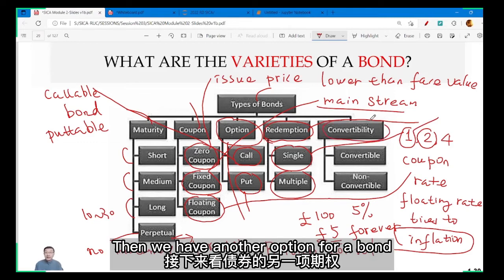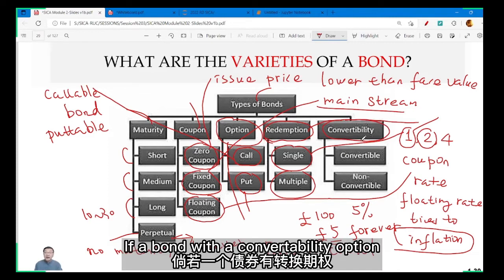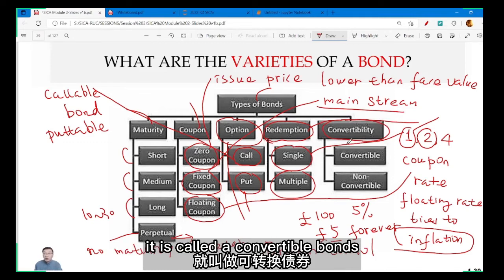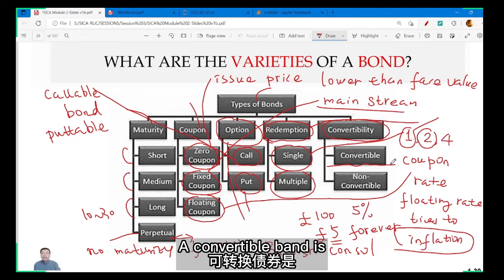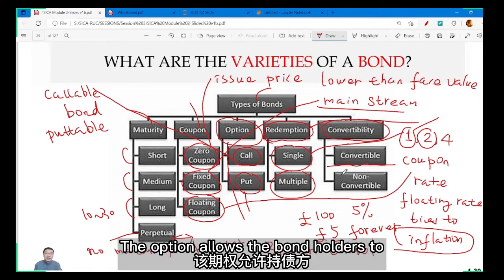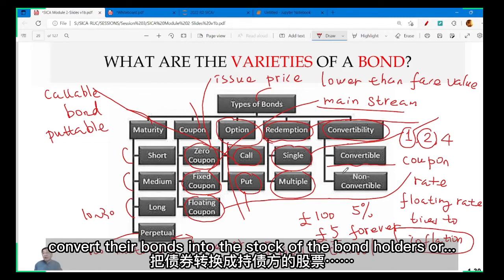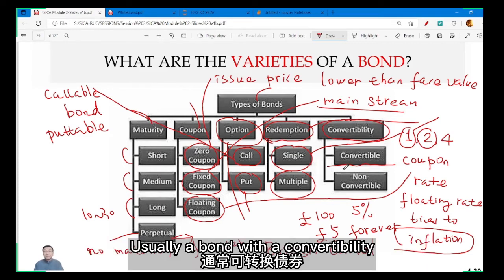Then we have another option for a bond, which is called convertibility. If a bond has a convertibility option, it is called a convertible bond. A convertible bond is the hybrid of an ordinary bond plus an option. The option allows the bondholders to convert their bonds into the stock of the bond issuers under specific conditions at a predetermined price.